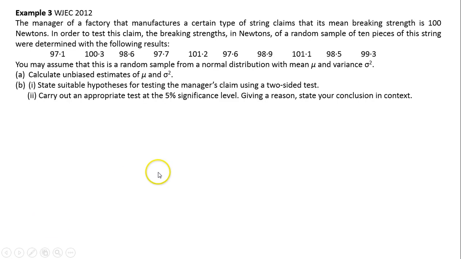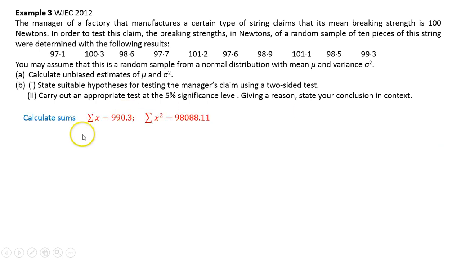You may assume that this is a random sample from a normal distribution with mean mu and variance sigma squared. Calculate unbiased estimates of mu and sigma squared. Then state a suitable hypothesis for testing the manager's claim using a two-sided test, and then carry out appropriate tests at the 5% significance level, giving a reason and state your conclusion in context.